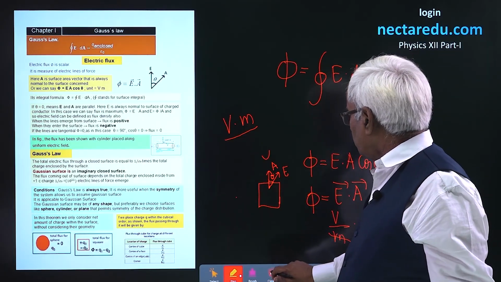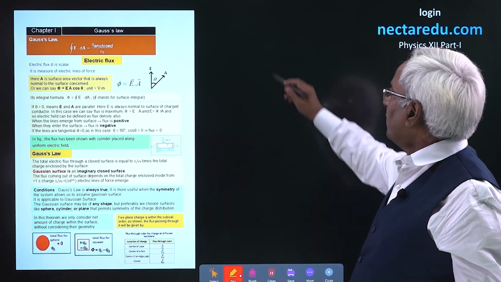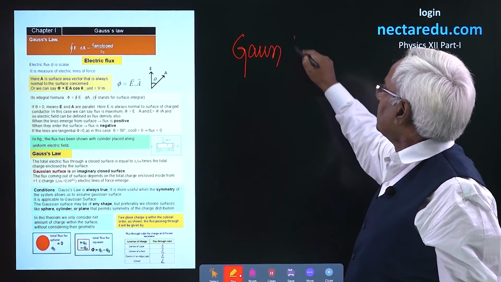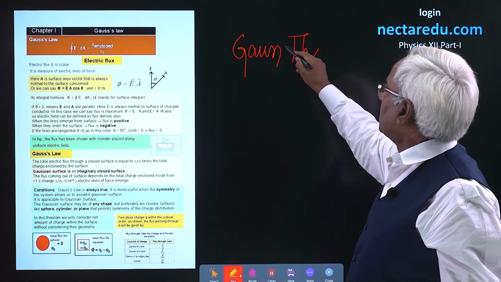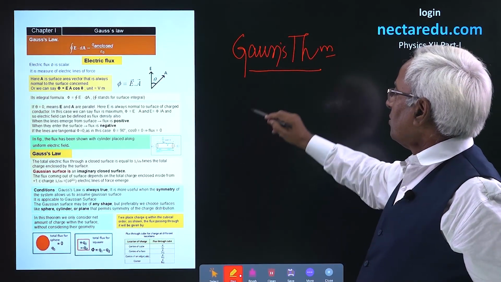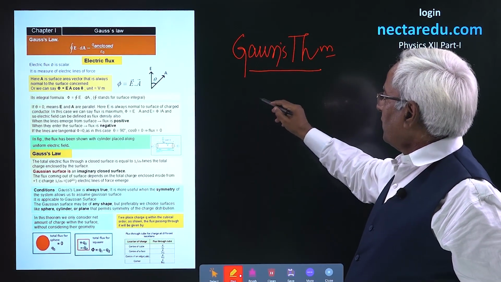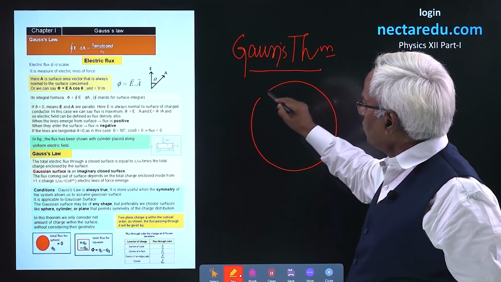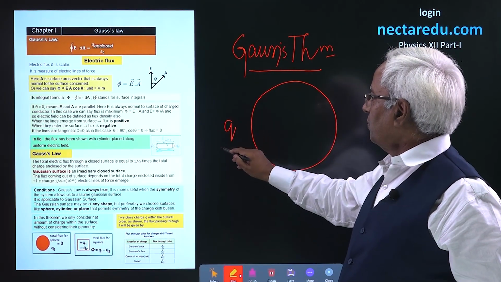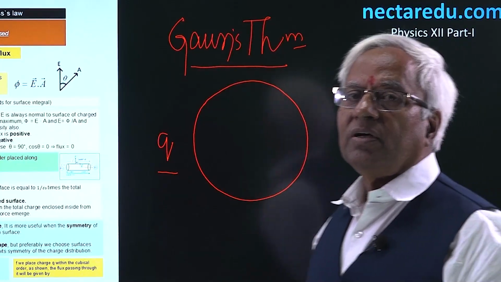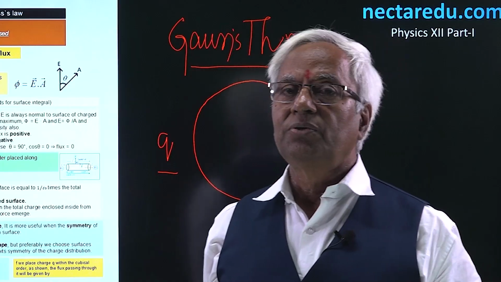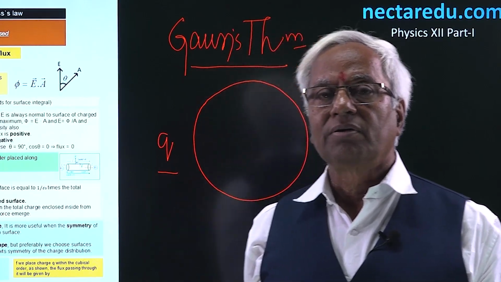Now, you can choose what is the meaning of Gauss theorem. Gauss theorem. Gauss theorem says whenever within a closed surface the total charge is Q. I told you 1 Coulomb charge produces electric lines of force 1 upon epsilon naught.